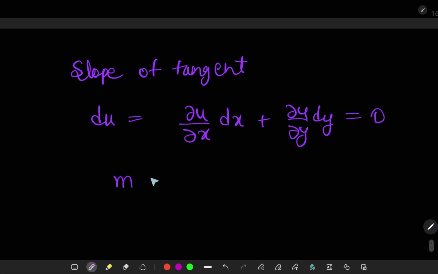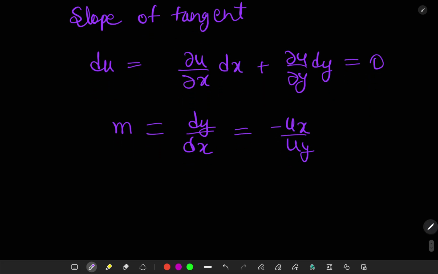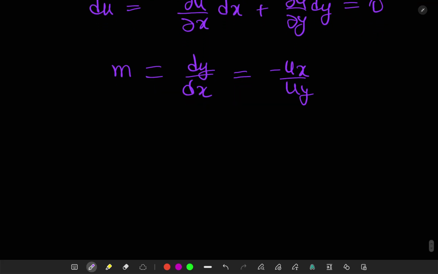Now slope m equals dy over dx equals minus ux divided by uy. If the two curves are orthogonal and if two tangents are perpendicular, then m1 into m2 is equal to minus 1.